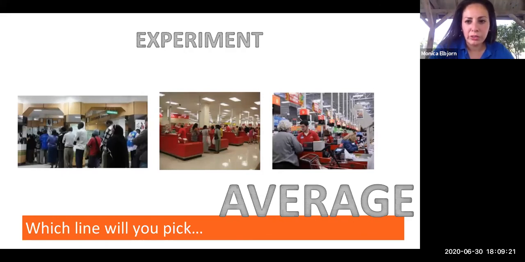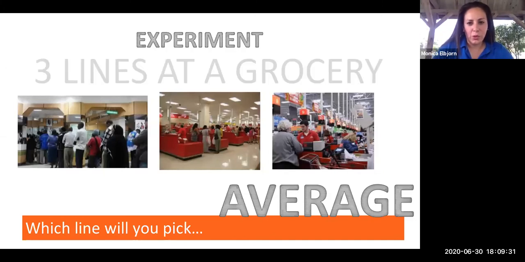Or you have the regular cashiers, where you have 20 cashiers, you pick whichever one you want, and you stay there. So let's imagine there are 3 lines at a grocery store and 3 different scenarios: one big line, one line with a person guiding, or 3 different lines, one per cashier.